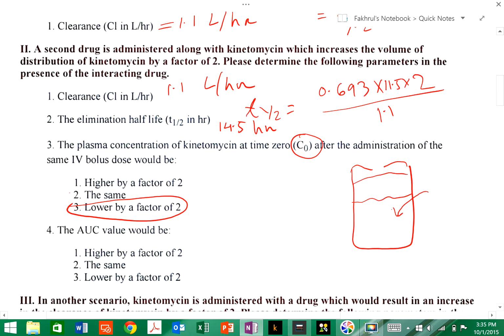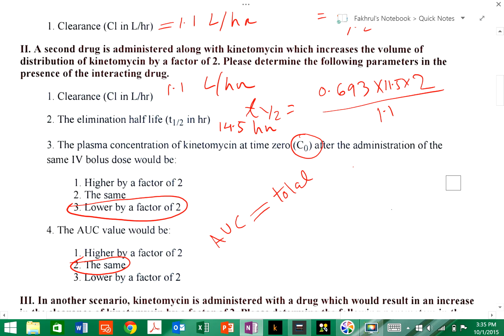Then what is going to happen to AUC? AUC is not going to change, the answer is the same, because AUC reflects the total drug amount in the body.